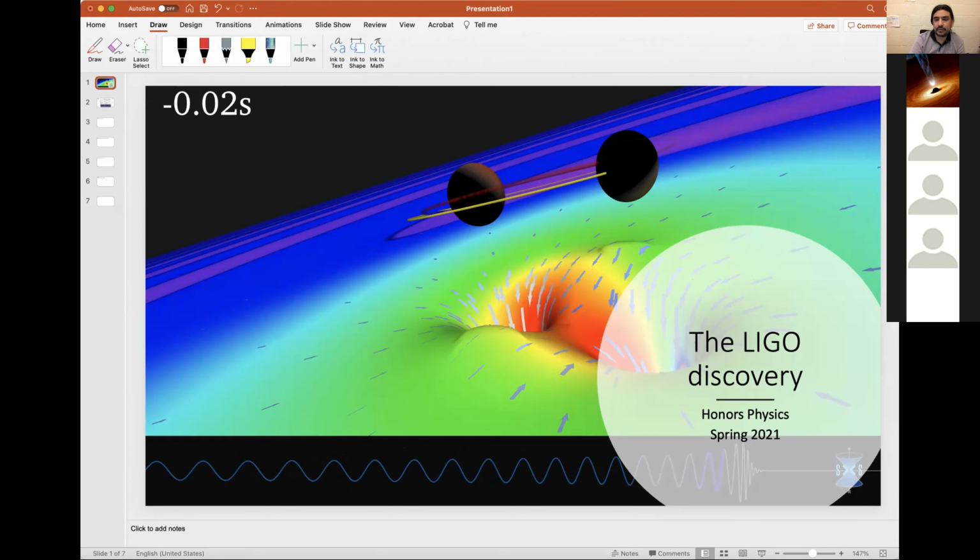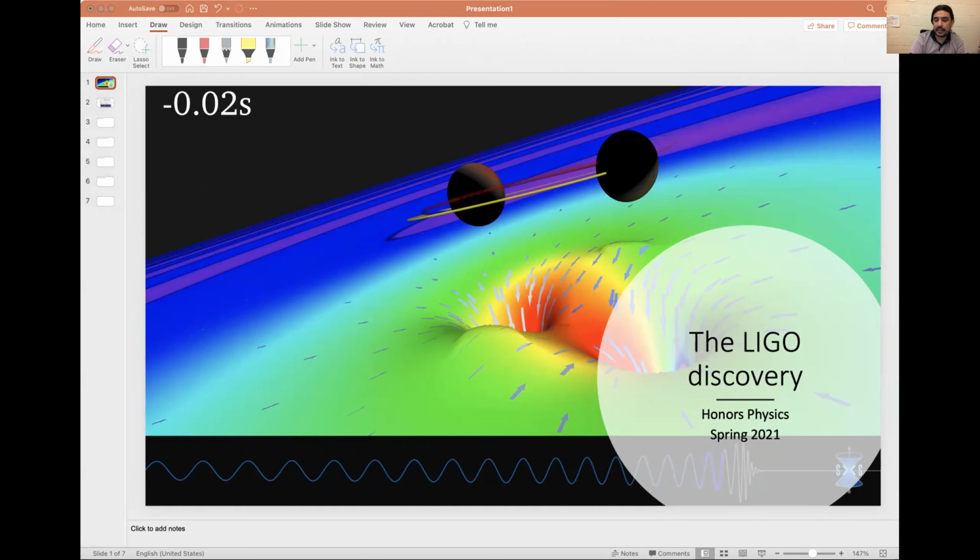And this is the LIGO discovery. So it happened in 2015, 100 years after Einstein had proposed that gravitational waves should exist.